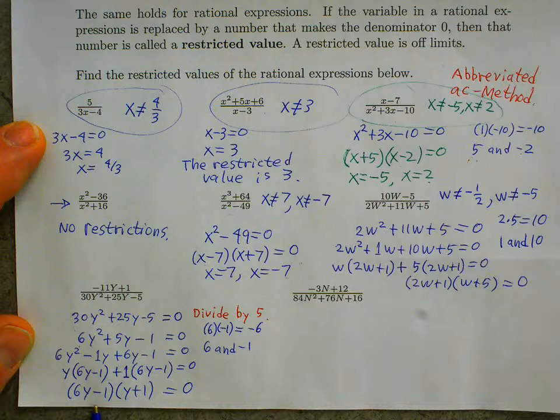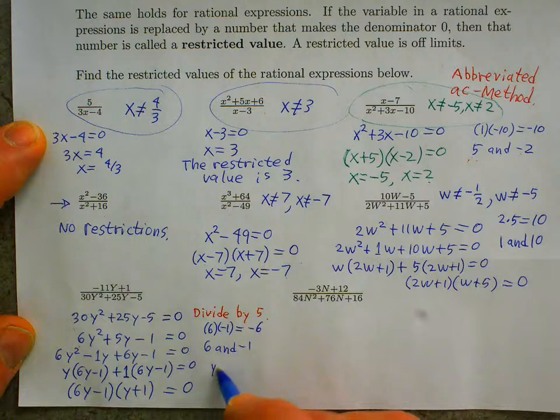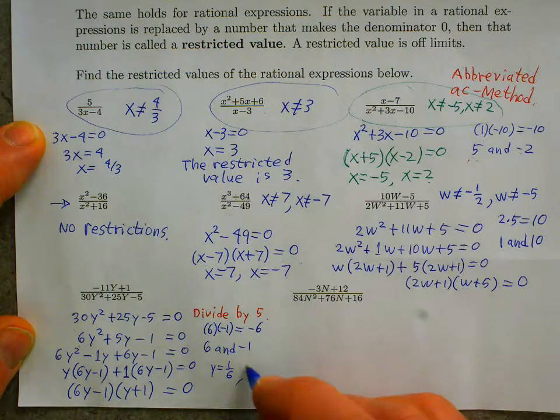Okay, so to find the restricted values, set each of those factors equal to 0. If 6y minus 1 is 0, add 1 and divide by 6, we get y equals 1/6. And the other factor, y plus 1, set that equal to 0, and y equals negative 1.